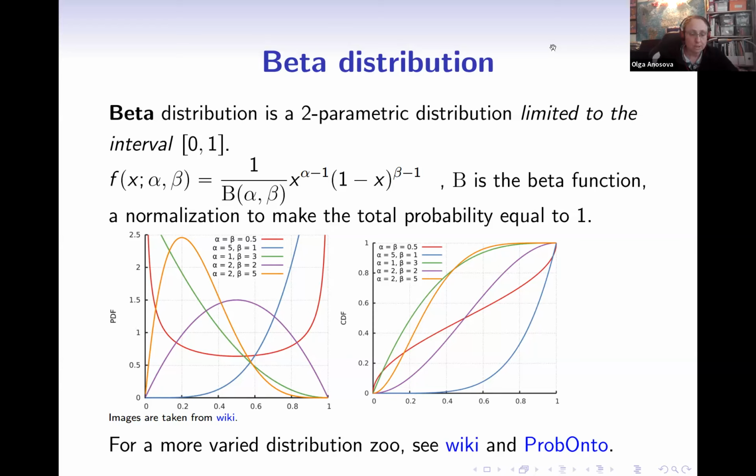While the beta distribution is another way to get this limitation to an interval, which can be quite handy at places and times. So why is it better than the uniform distribution? Well, because it's smoother and it can take different shapes. It's not just a step function, not just a single value, but we sort of smoothen different values in between 0 and 1.